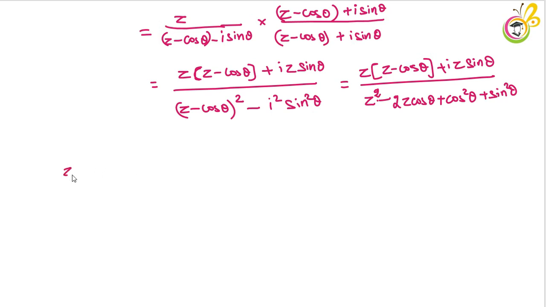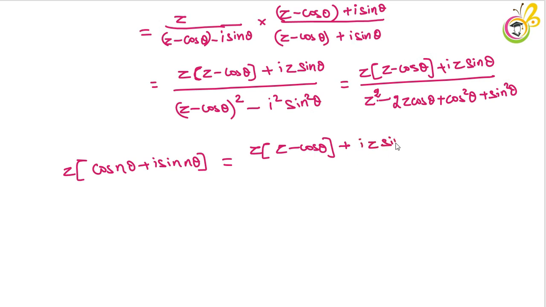In the left hand side, we have Z of cos n theta plus i sin n theta, which is equal to z into z minus cos theta plus i into z into sin theta, the whole term divided by z square minus 2z cos theta plus 1, since cos square theta plus sin square theta is 1.